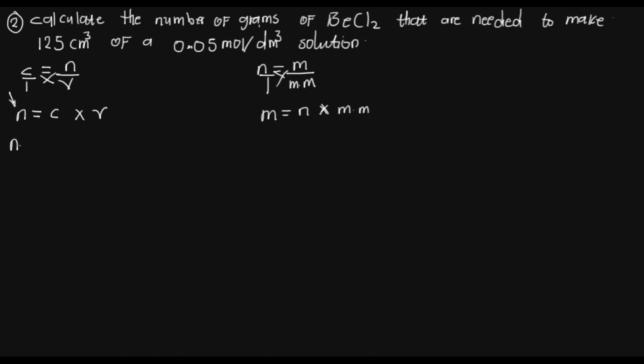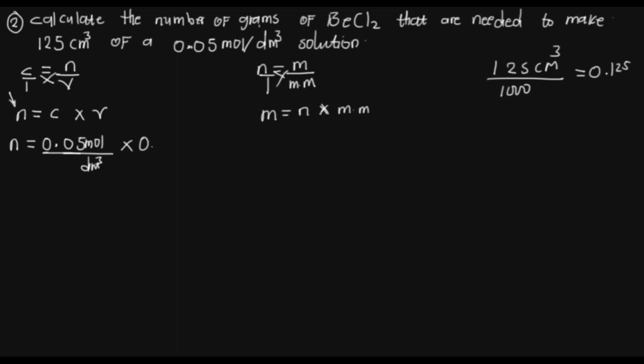So the number of moles is equal to the concentration we have been given, 0.05 moles per decimeter cubed, times the volume given as 125. Remember, the volume is in cubic centimeters, so we divide by 1,000 in order to convert into decimeter cubed.